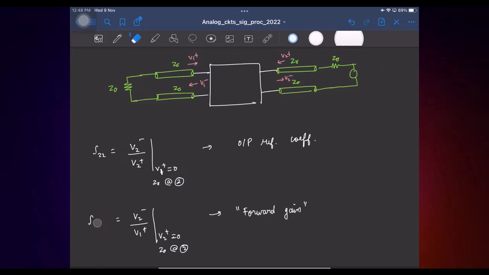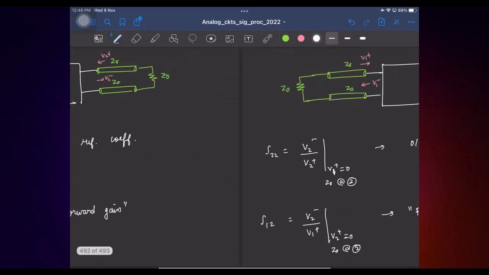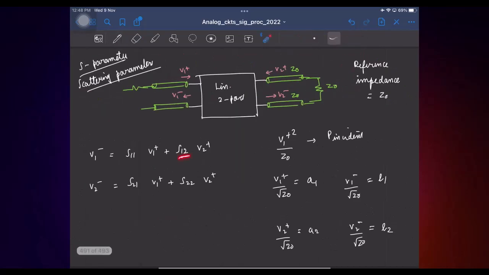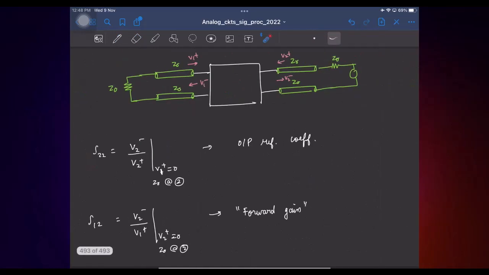And the last guy is S12. So what is S12? V1 minus by V2 plus when V1 plus is 0, or I put Z0 at port 1. So again here it says V2 plus is launched.